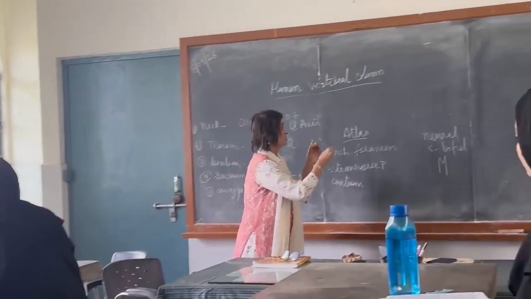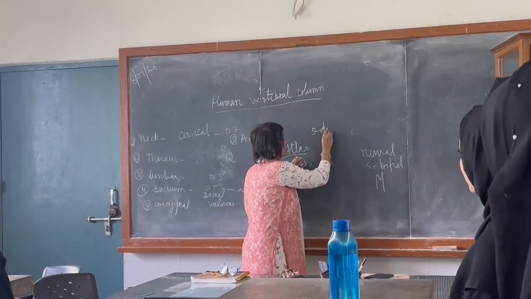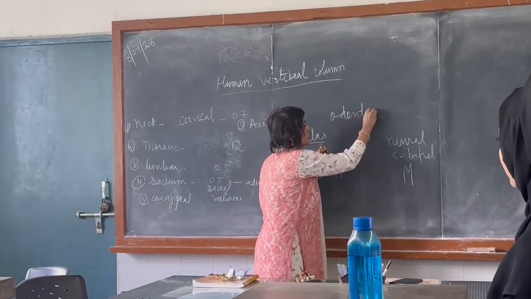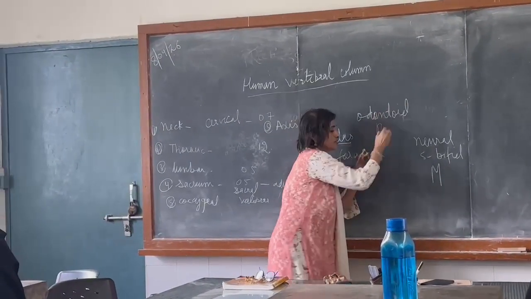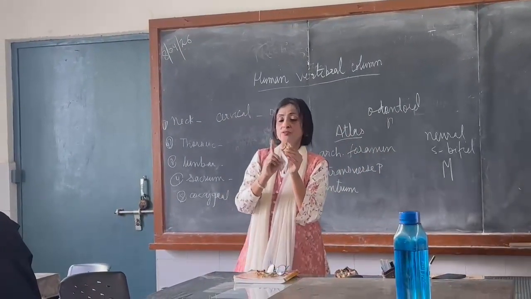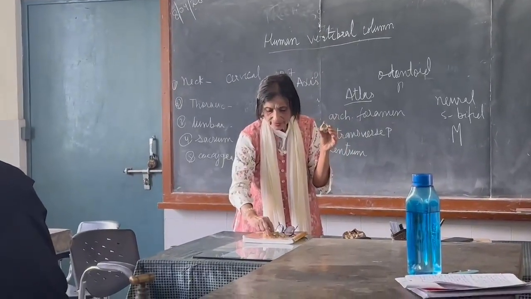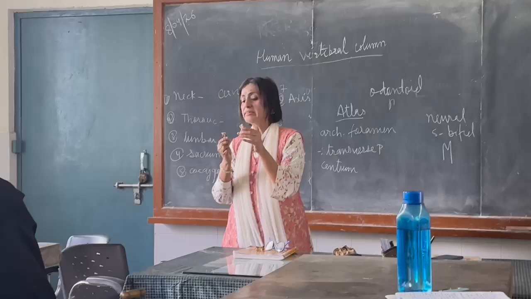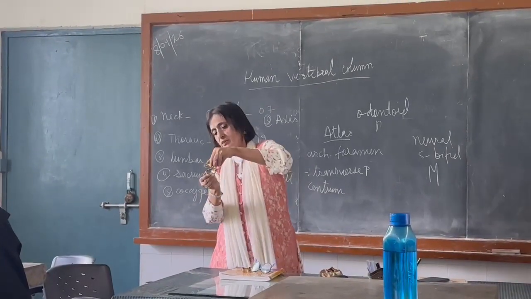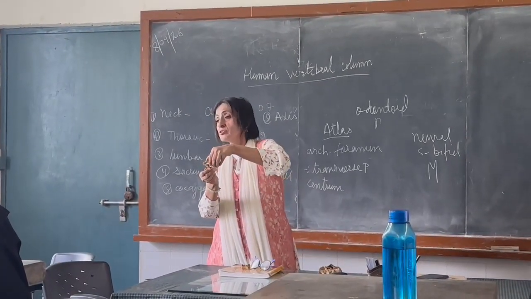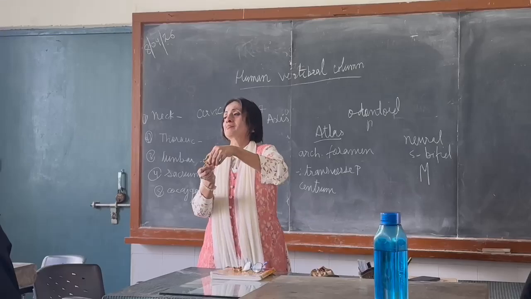And this projection is called bony projection, odontoid process. And this odontoid process is joined with the atlas by hinge joint.